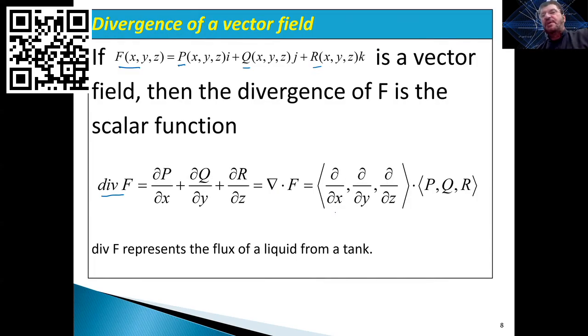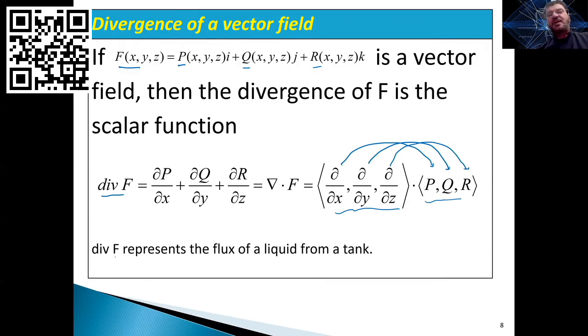This is the del operator, and this is our field, which I put as a vector. You know the dot product: this times that. So it's a dot product between the del operator and the field.